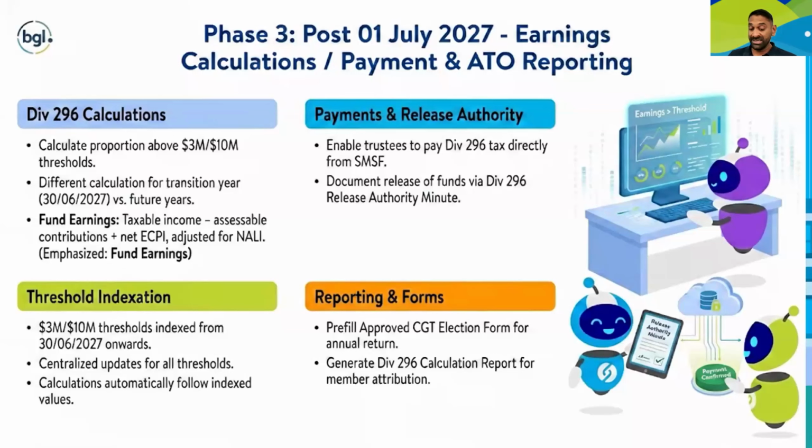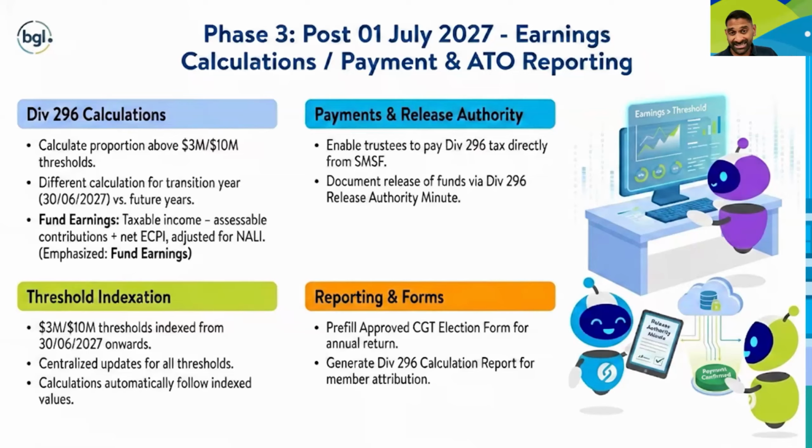And then there's the whole threshold indexation as well. The 3 million gets indexed at 150K, the 10 million at 500K, all tied to CPI. Similar to T-bar, we want to bake that in at the beginning as part of implementing all these changes, so that when those indexations do take place, it's an easier change for us.